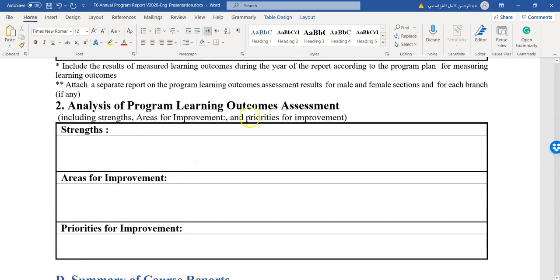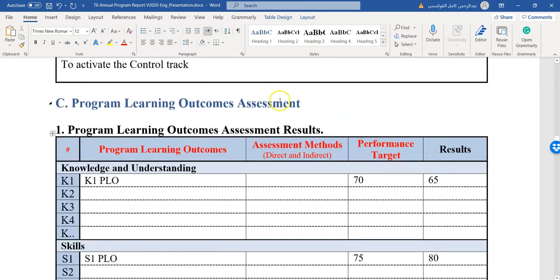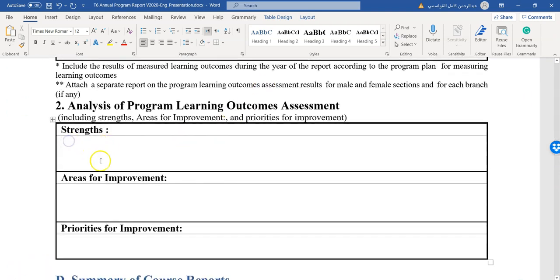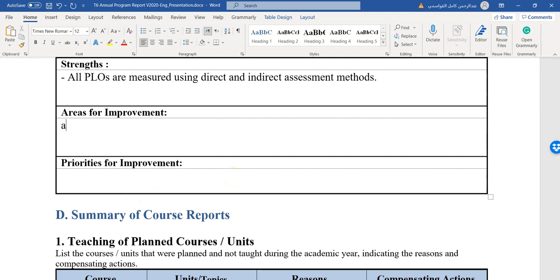The analysis of program learning outcomes about these results, you have to write here. The strength, for example, all PLOs are measured using direct and indirect assessment methods. Okay, for example, area of improvement, for example, activation of the indirect method for all courses.